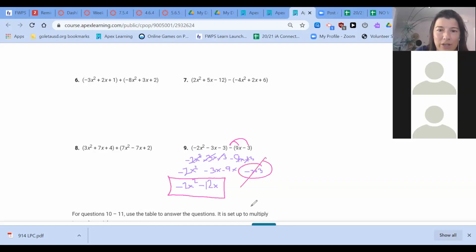These guys go to 0, so no constant term for that one. Good. Final answer, negative 2x minus 12x. Beautiful.